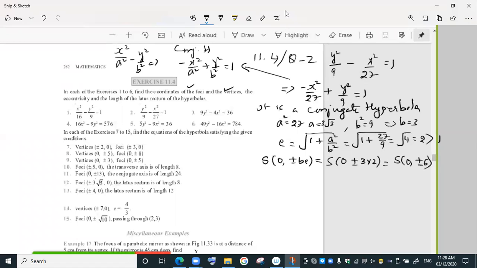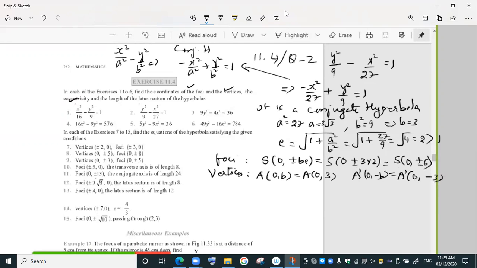Okay, then vertices are a, 0, b, that is here 0, 3, and a dash will be 0, minus b, that is here 0, minus 3 vertices.